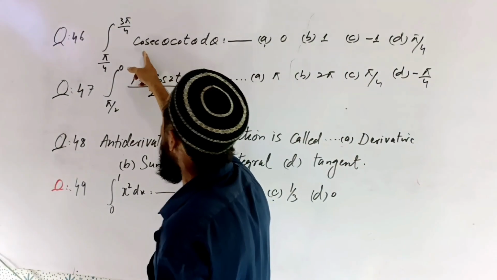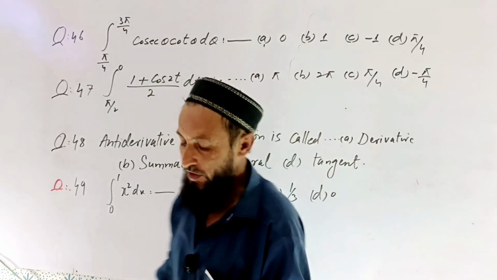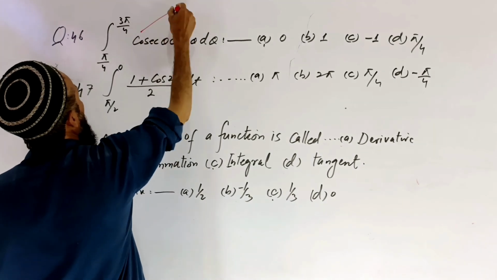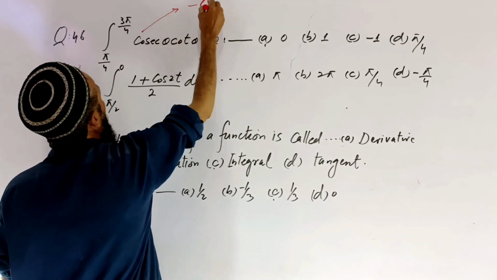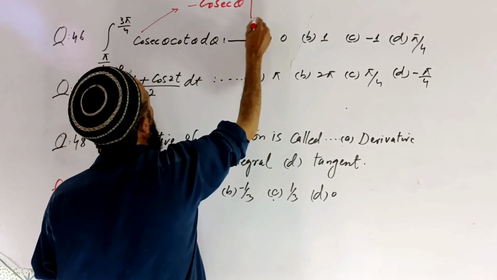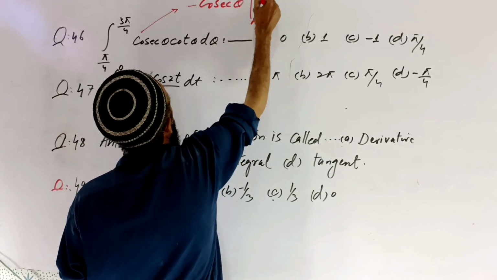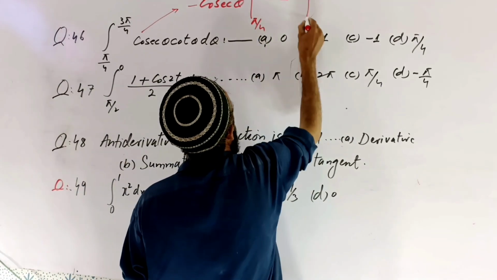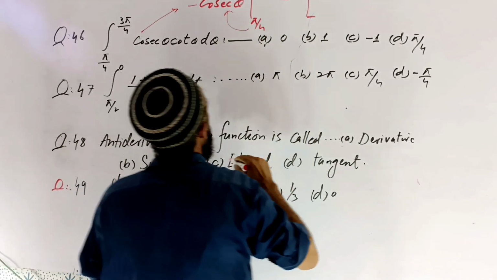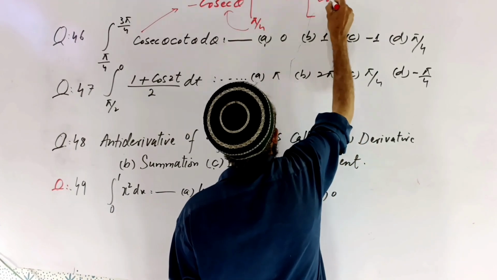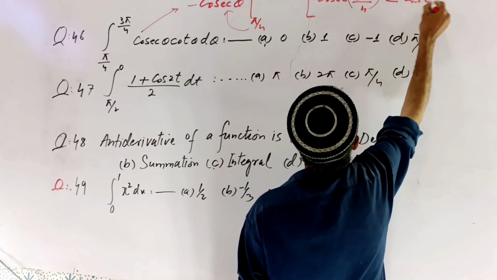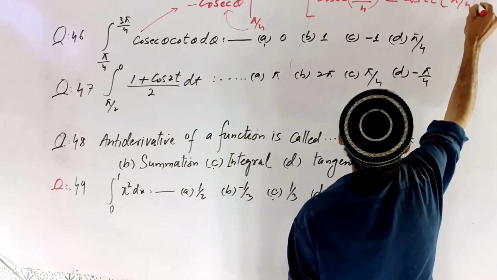So as we know that the integration of cosecant x cotangent x is equal to minus cosecant x, and here we get the integration of this one, so minus cosecant theta, and the limits are lower limit pi by 4 and upper limit 3 pi by 4. So we put here minus, in the place of theta first the upper limit, and then we subtract the lower limit: cosecant 3 pi by 4 minus cosecant pi by 4.